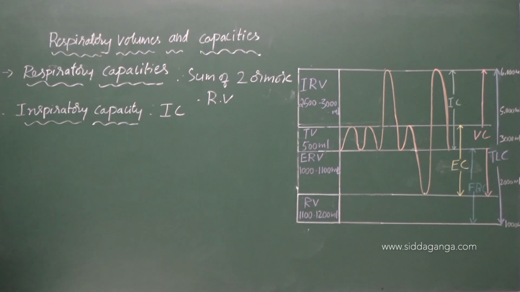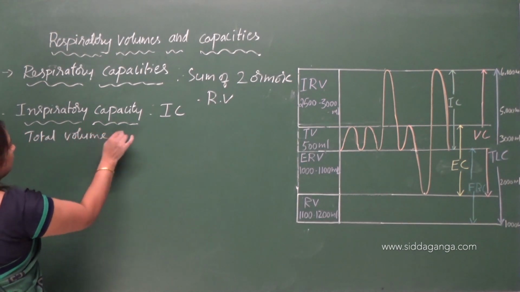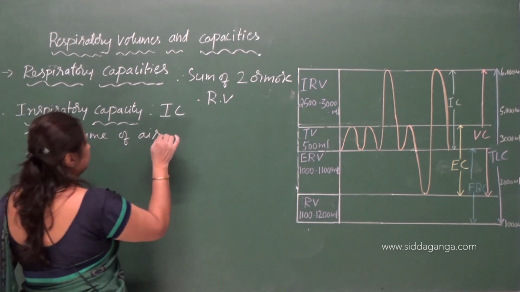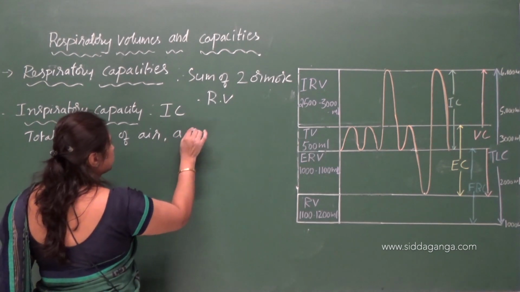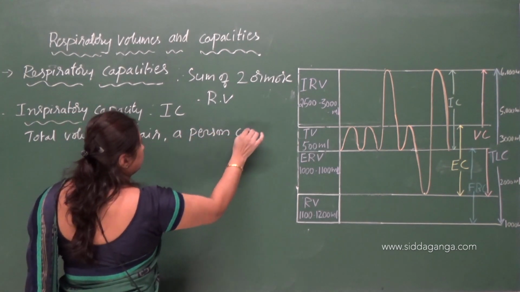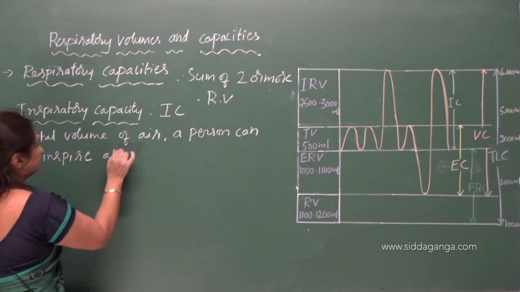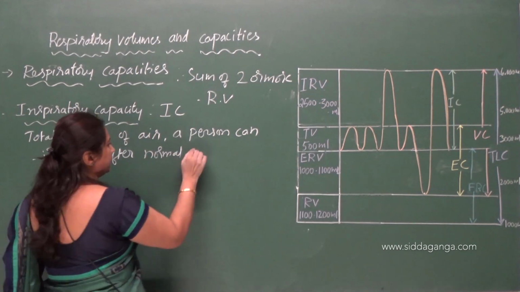Inspiratory capacity is the total volume of air a person can inspire after normal expiration.